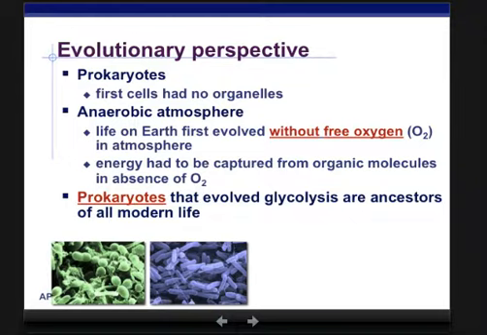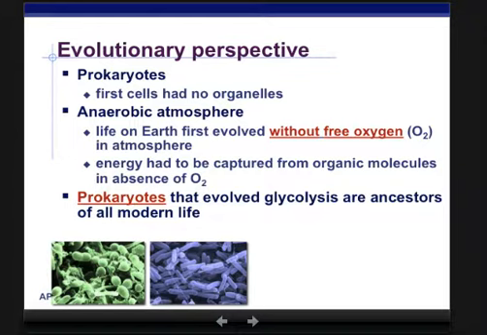Then oxygen came around about 2.7 billion years ago, and that's when we started to have the photosynthetic bacteria and algae. And eukaryotes developed around 1.5 billion years ago and started to have membrane-bound organelles. So these things kind of develop together. First you have no oxygen, and you have bacteria that can get a little bit of energy from organic molecules without any oxygen.